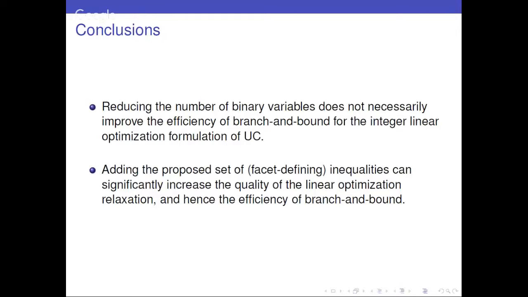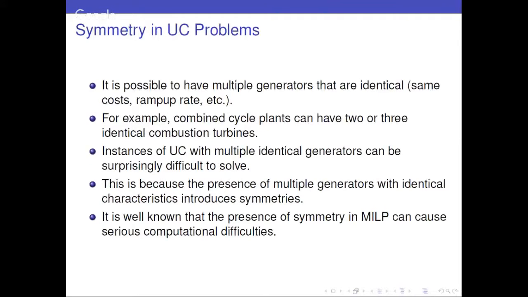Very good. So everybody wants to move to 15 minutes. So that's becoming more of a challenge in this case. What I wanted to mention, and I'll just do it very briefly, is that we also looked at the issue of having symmetry in these problems. So if you have multiple generators that essentially have the same features, then you have to somehow deal with the symmetry that this introduces in the problem.